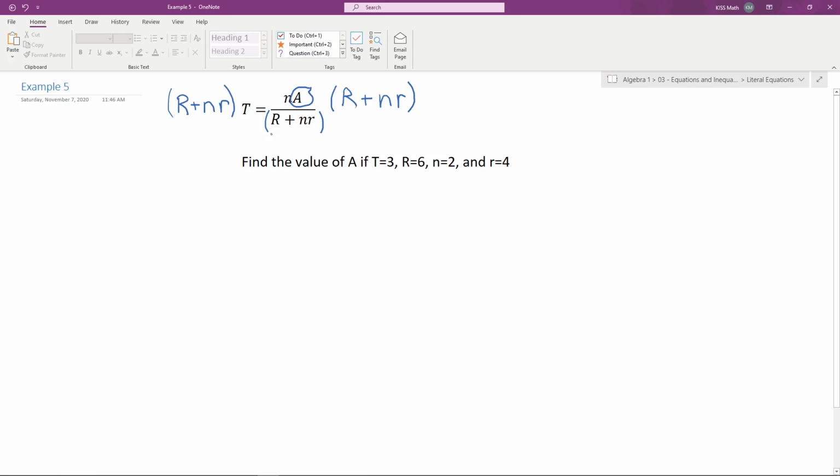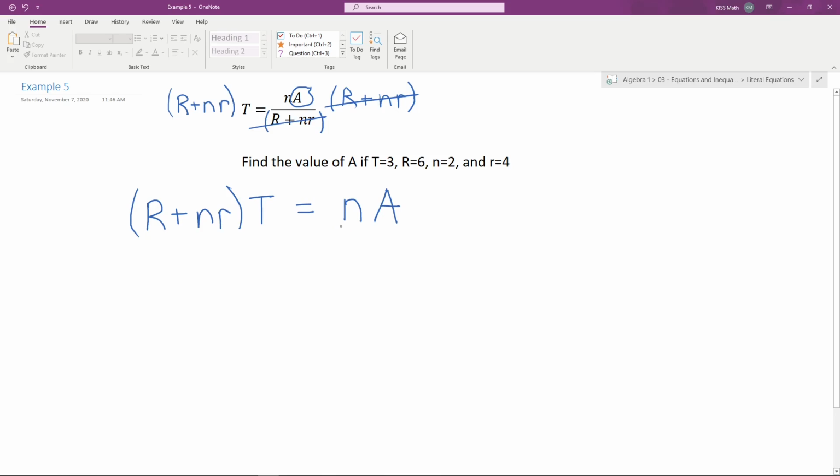Like that. So these will cancel out, and what you get is you have the R plus n lowercase r times your t, and what you're left with is the n multiplied by a.